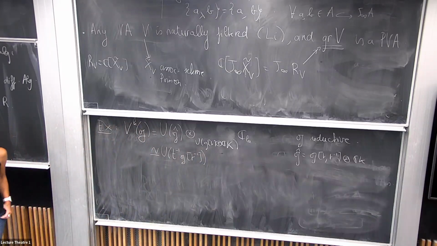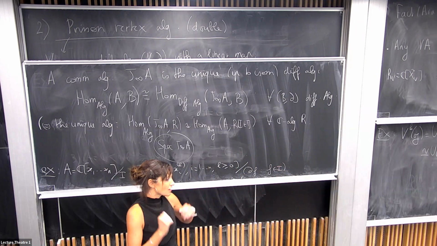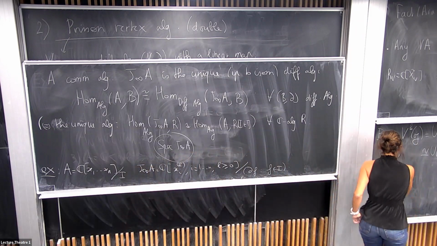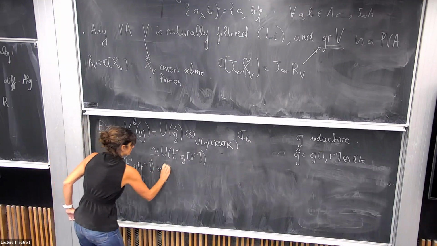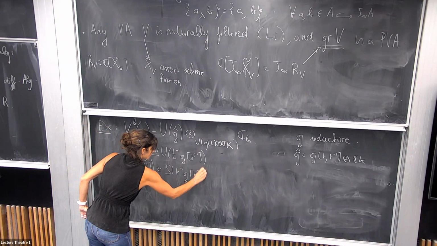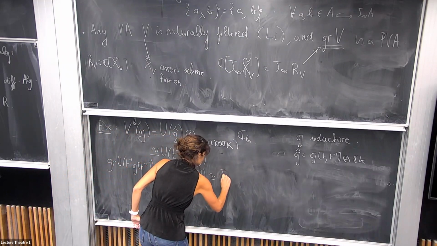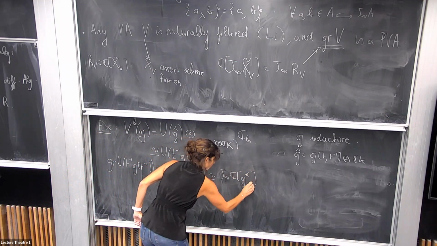So, okay, the PBW filtration is not exactly the Li filtration, but it turns out that as a graded algebra, it gives the same. So let's think of the PBW filtration. And if you think of this, you get the symmetric algebra of that. And this, you can see that this is canonically isomorphic to the jet algebra of the coordinate ring of g star.